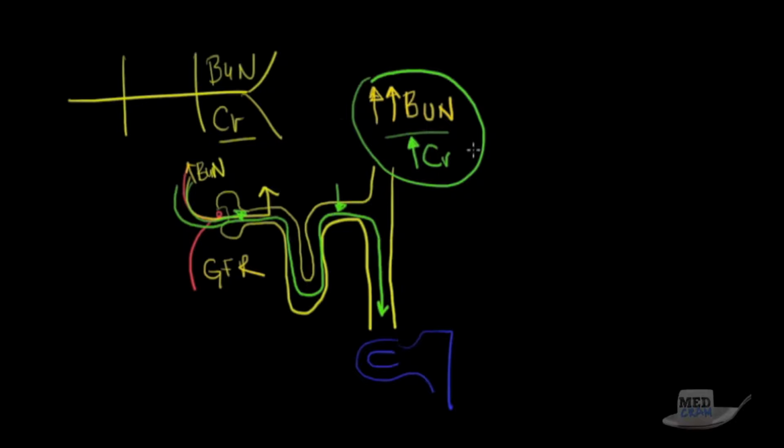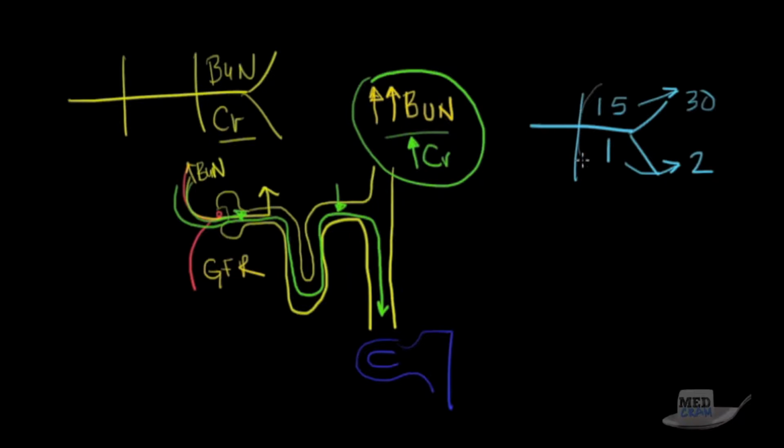Okay, so what would be a number here that we could associate with it? Normal would be, for instance, 15/1. So if the BUN went up by more than the creatinine, we could say, for instance, that this would go to a 2 and a 30. So the BUN would go up to 30 and the creatinine would go up to 2.